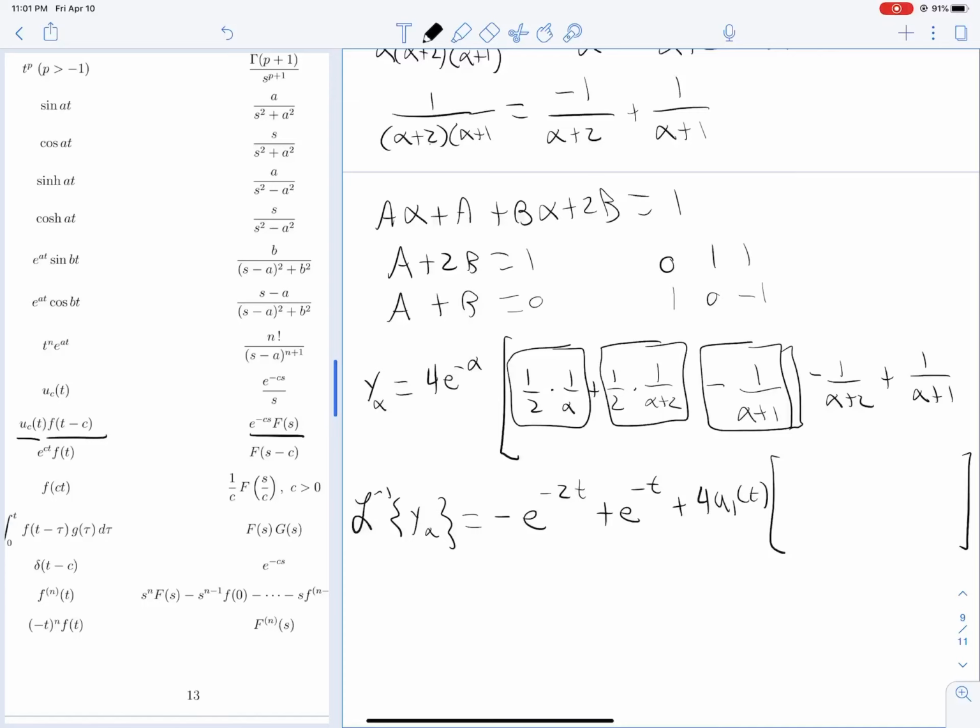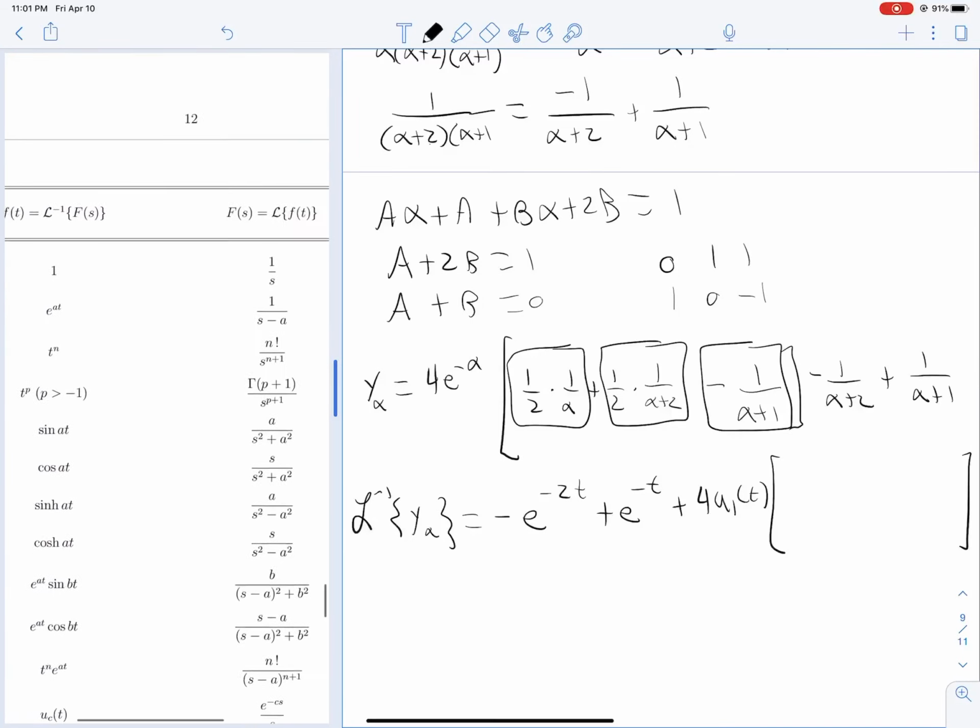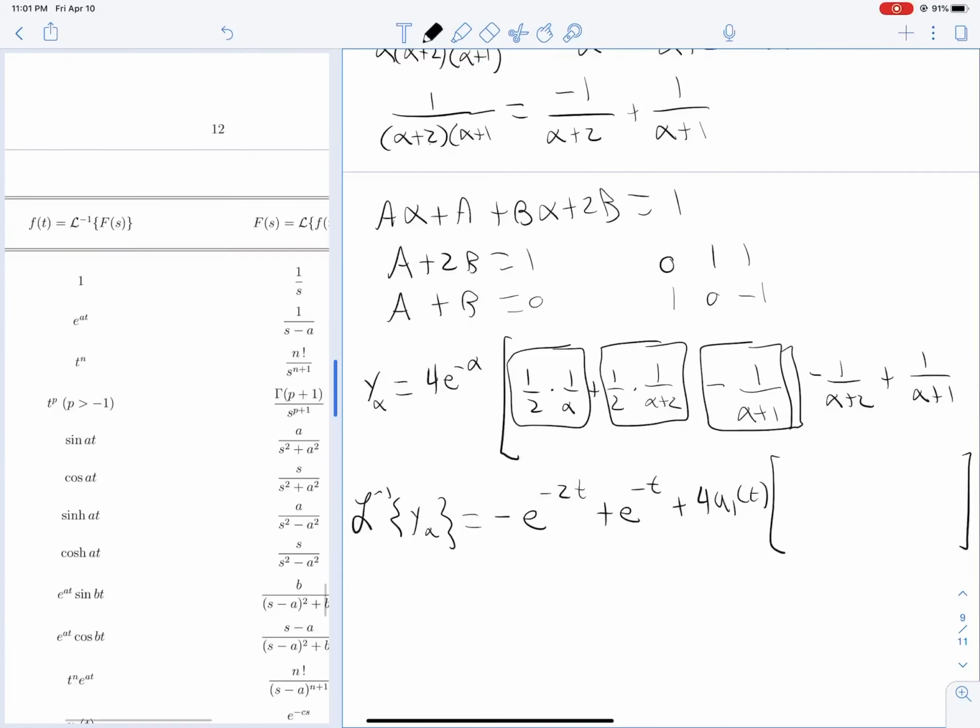So we have 1/2 times 1 over s. Well, 1 over s Laplace transforms back to 1. So we will have 1 times 1/2, and then we replace all of our t's with t minus 1. So that's just going to give us 1/2, and we will have plus 1/2 multiplied by 1 over alpha plus 2.